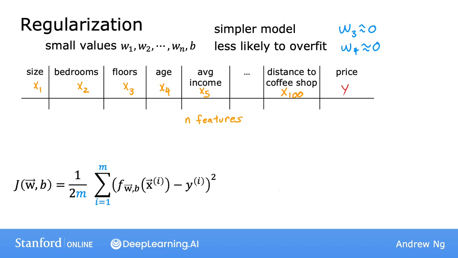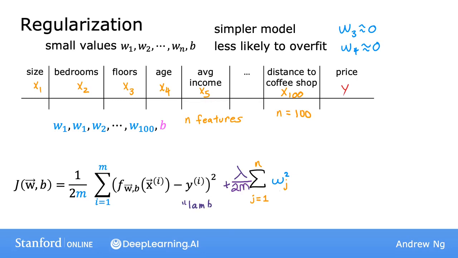So you have these 100 parameters, w1 through w100, as well as the 101st parameter b. Because we don't know which of these parameters are going to be the important ones, let's penalize all of them a bit and shrink all of them by adding this new term lambda times the sum from j equals 1 through n, where n is 100, the number of features, of wj squared.